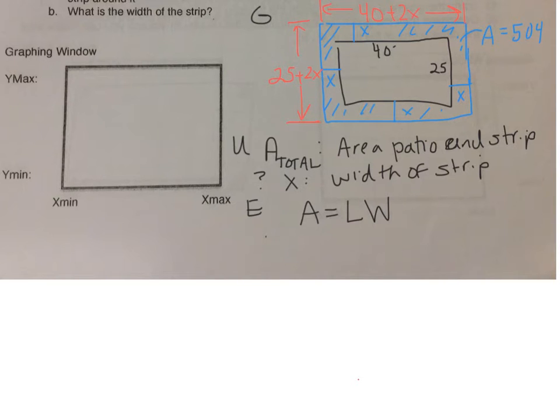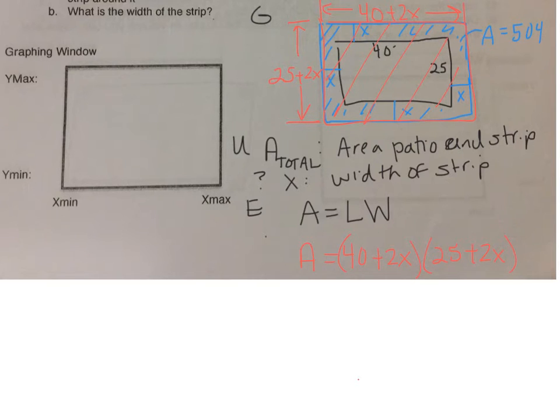So the area as a function of x for the total, this big red rectangle that is the whole thing, is going to equal 40 plus 2x times 25 plus 2x.